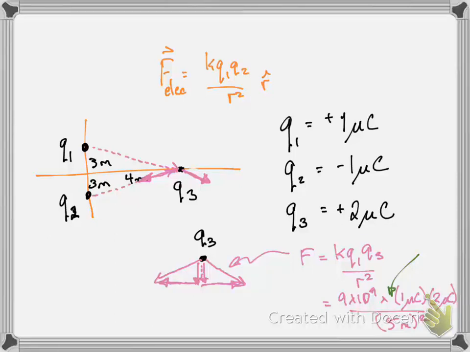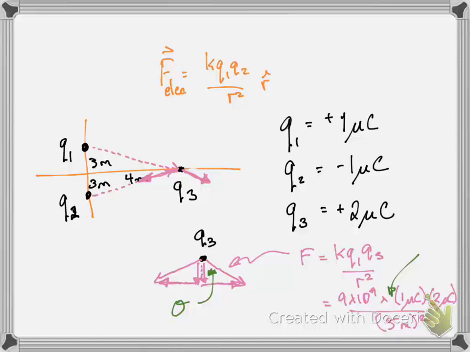Let's go ahead and find the y component of the magnitude of the force. In order to find the y component, we need to find this angle right here, which I'm going to call theta. Now notice that I've just chosen that angle so that the y component is going to be F cosine theta. Don't be confused, often y components are F sine theta.